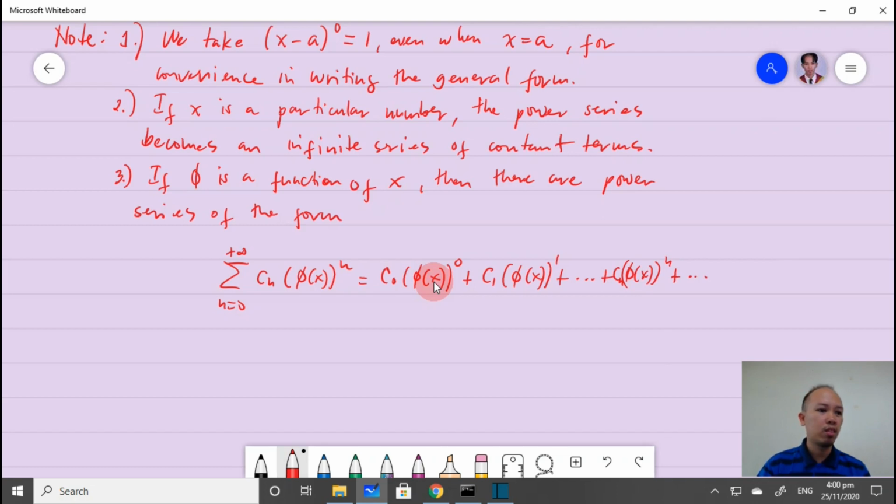Such a series is called a power series in phi of x.